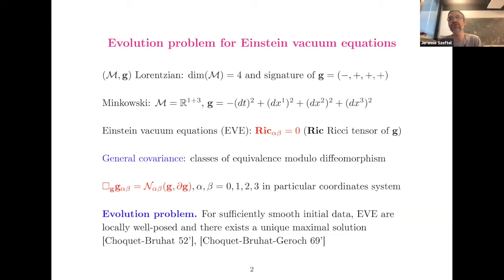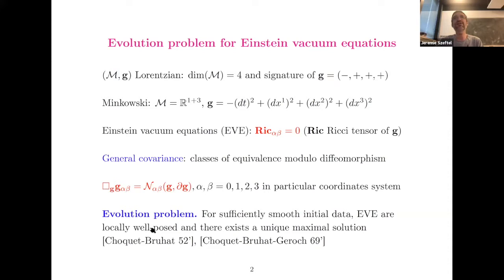This introduction is meant to say that since it's an evolution problem, I can consider in particular the evolution of specific initial data, and the kind of initial data we'll consider are perturbations of well-known stationary solutions.